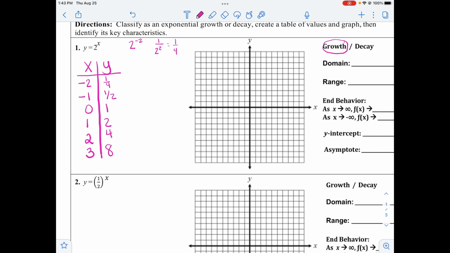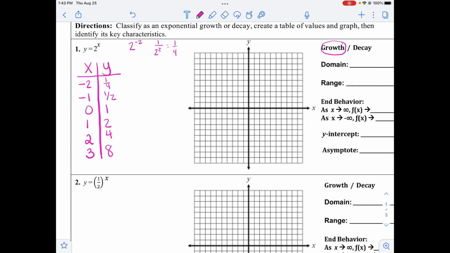So first thing we want to do is look to see where our very first intercept is. That's usually a good place to start. So 0, 1. Go with very easy numbers because these little fractions, obviously we can't figure them out very well. So 1, 2, 2, 4, and 3, 8.